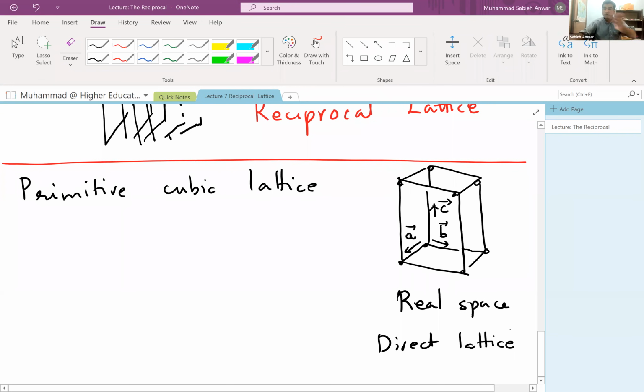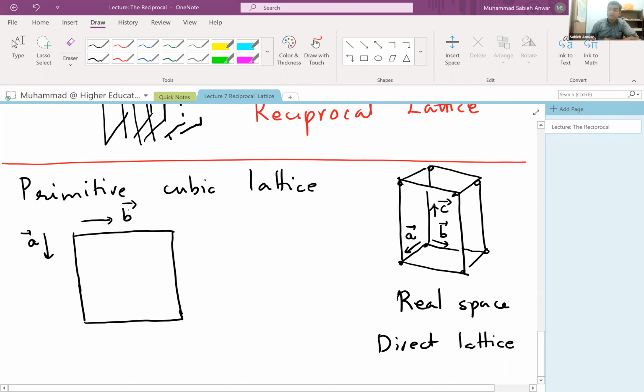Now, when we look at a projection of this lattice from the top, looking down the z or the c axis, this is what we get. We have an a vector and we have a b vector, and here we have the lattice points. Now let's identify the planes inside this lattice.